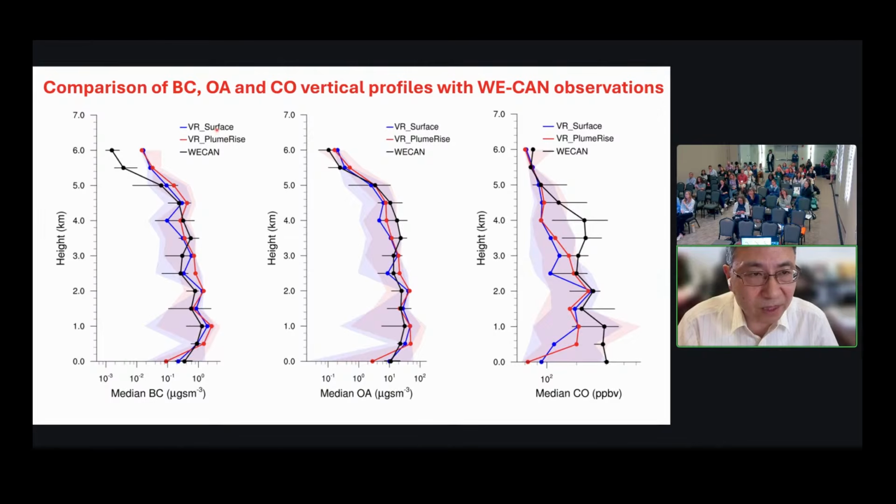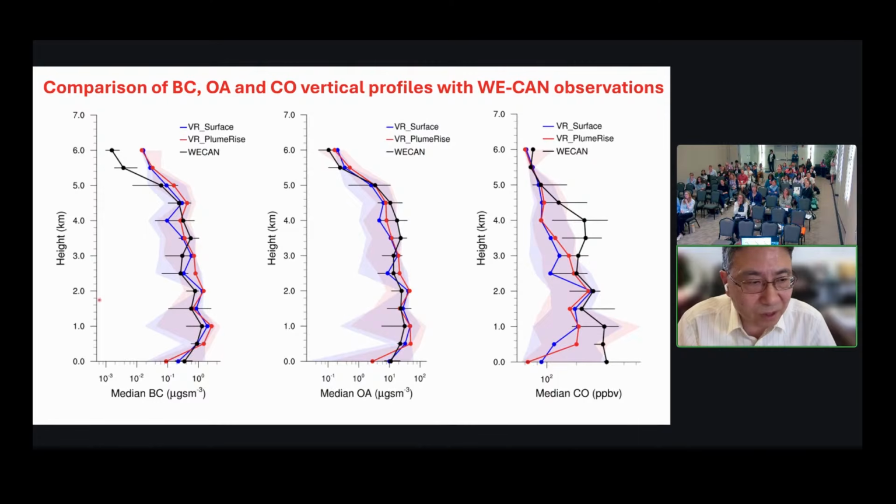One is emitted at the surface, another is emitted with the plume-rise model, the red. You can see the two model simulations basically capture this vertical distribution of the aerosol and the CO, and the difference between the two model versions is generally not as big.